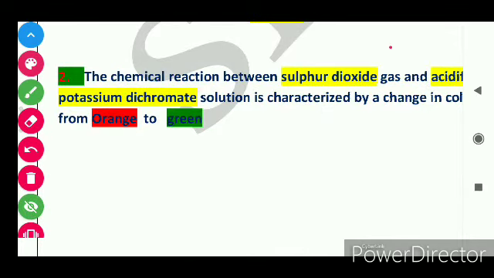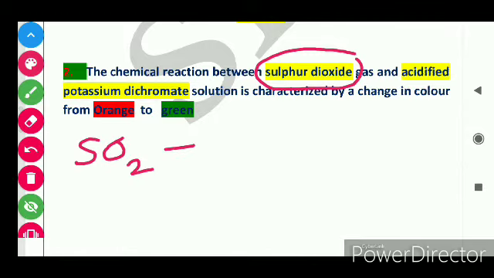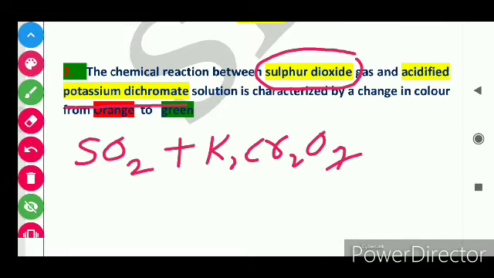Let us take another example of a chemical reaction in which a change in color takes place. In the chemical reaction between sulfur dioxide gas, SO2, and acidified potassium dichromate, K2Cr2O7, solution, the color of the potassium dichromate changes from orange to green.